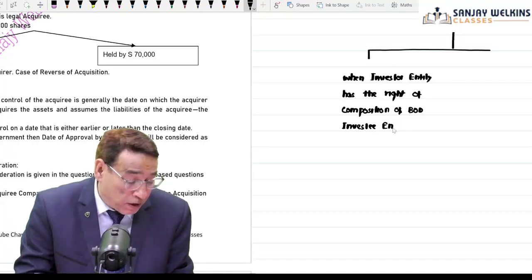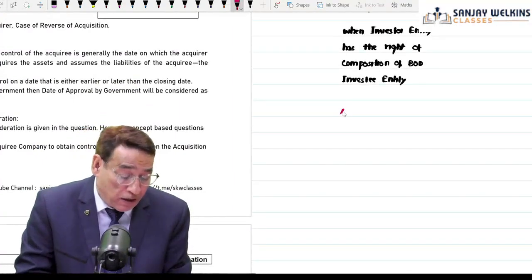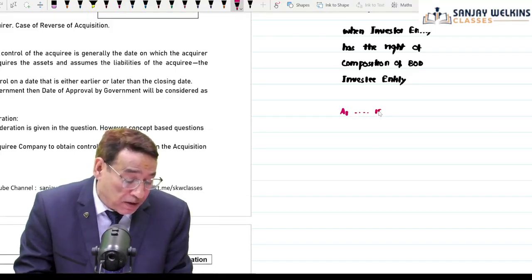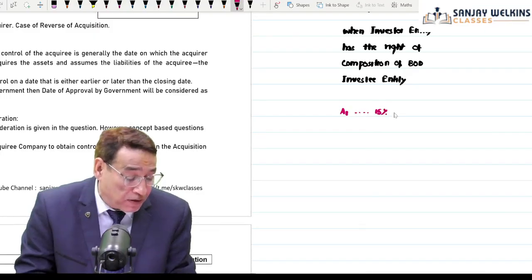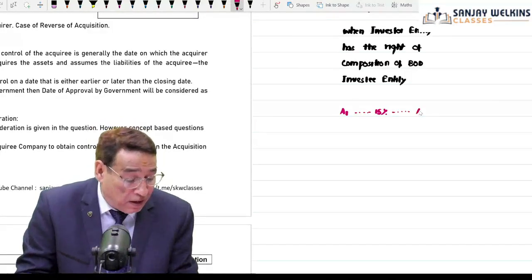I will explain it this way around. We presume that there is an entity by the name of A1, and we presume that A1 has invested in 15% equities, correct? A1 Limited has acquired 15% stakes, let us say, in A2 Limited.